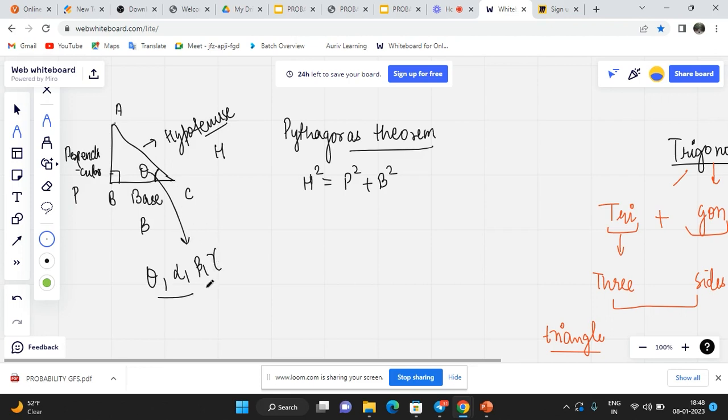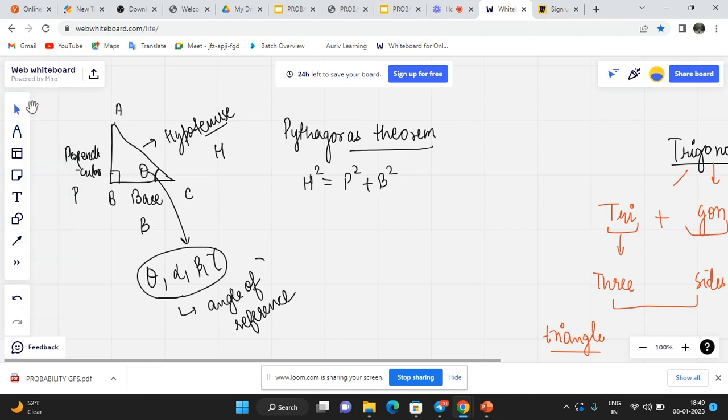These angles are called angles of reference. Referring to these angles, you will be finding the measurements of the sides or angles of this triangle. So this was the basics of trigonometry.